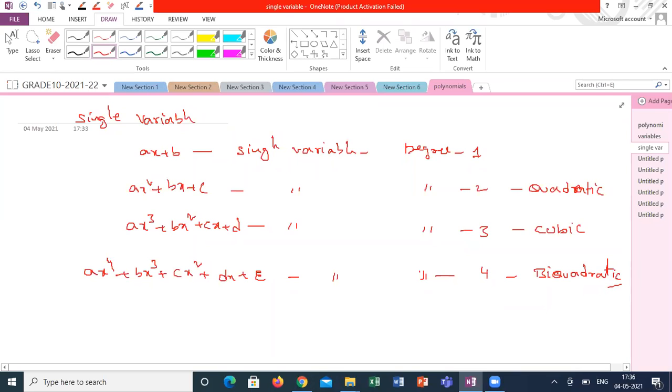Got it? A polynomial means any expression having more than one term. We can't say this is not a polynomial. These are also polynomials, but these are polynomials of different degrees of a single variable.